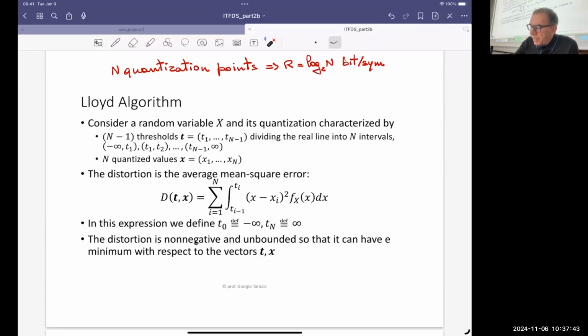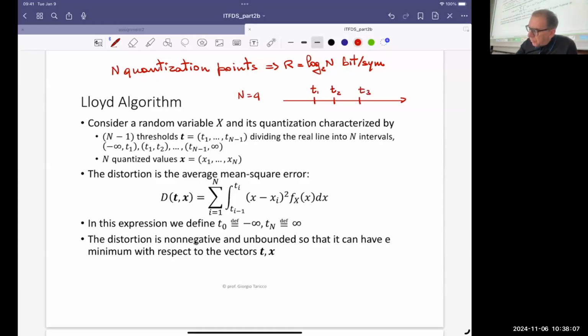For example, if n is equal to 4, the real line is divided in 4 intervals, and the thresholds are these points t1, t2, and t3.